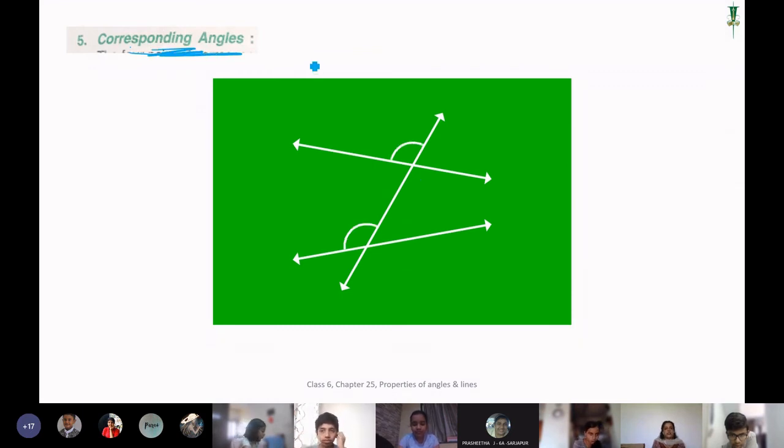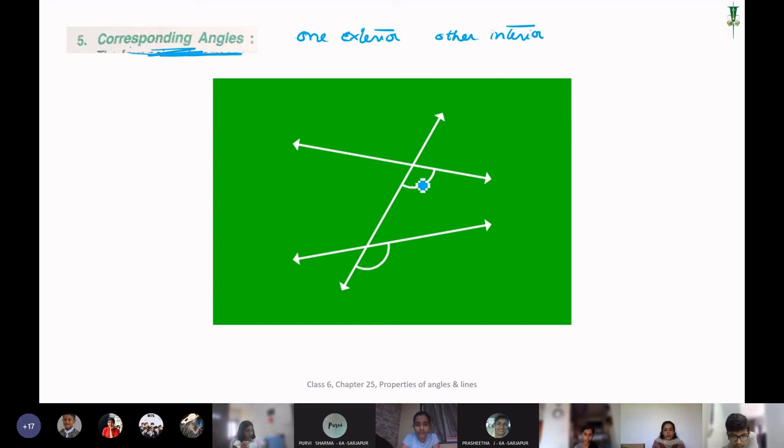They are still on the same side of the transversal, but they are on opposite sides of the parallel or the other lines, non-parallel lines. Are you seeing? One will be in the exterior and the other will be in the interior, but they are still on the same side of the transversal. So one angle will be in the interior and the other one will fall in the exterior. Such angles are called corresponding angles.